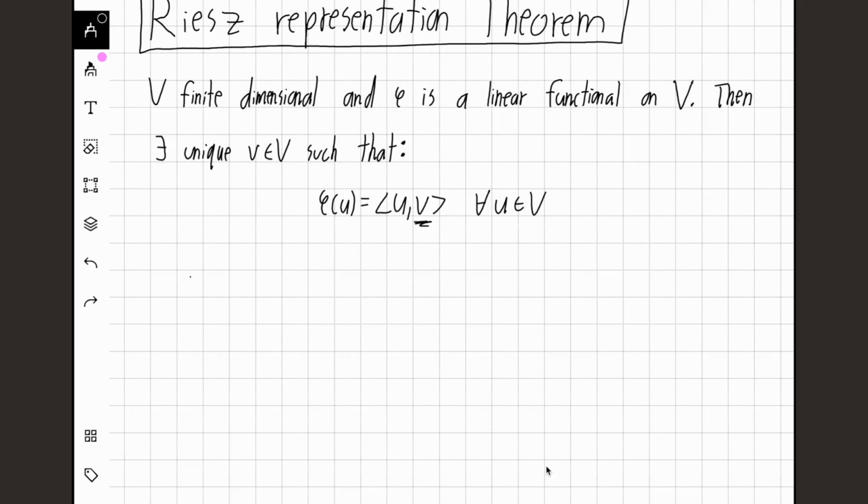Well, a linear functional is just anything that takes a vector from a vector space and turns it into a scalar. So a linear functional on the vector can literally be defined as, let's say, 2x plus 3y minus z.